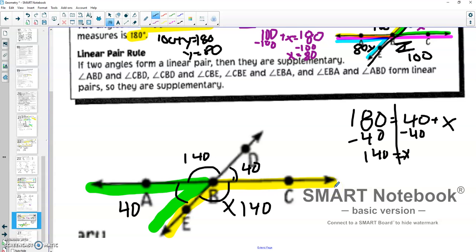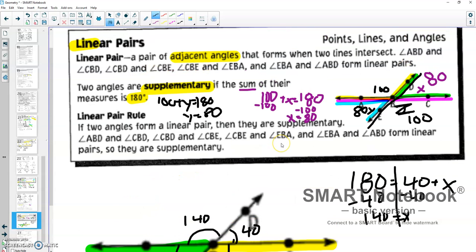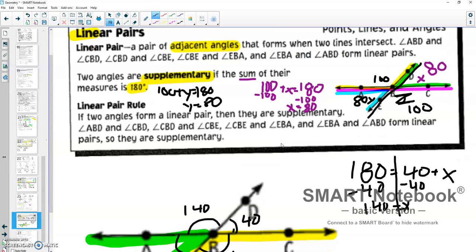Okay? Now we're going to have to learn about pairs. Which ones are next to each other, and which ones, if they're adjacent, equal 180. That's basically what we have to do for this lesson. If two angles form a linear pair, they are supplementary. If you see this, these are all the pairs.